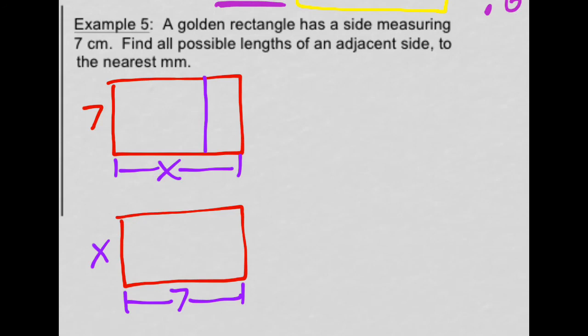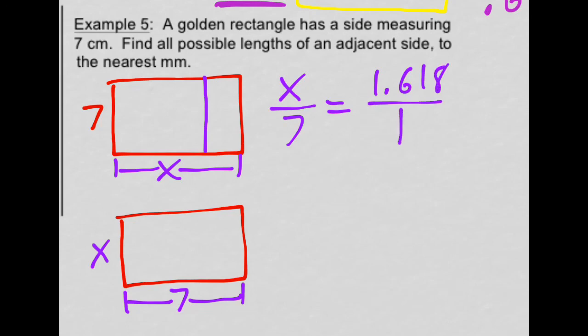In this first case, we're going to put the larger side on top. We have x over 7 equals 1.618 over 1. Always remember, let's just always put that larger side on top when we're establishing the ratio. Okay?